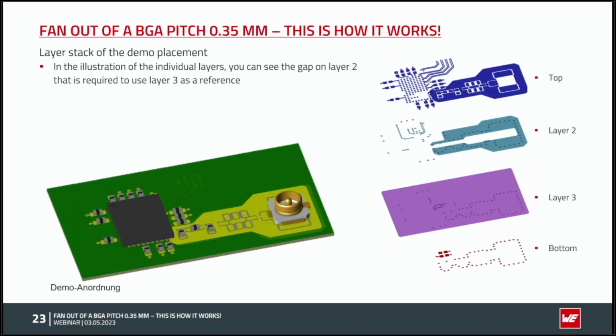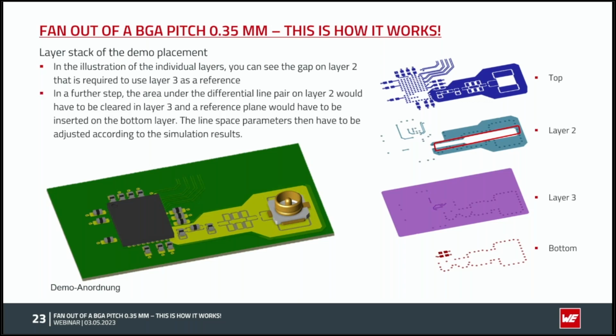Here you see the stack up, the single layers, on the right side of that board, and you can see the gap, the cutout on layer 2. That is to have that distance to the reference layer, which should not be influenced by layer 2, and the reference layer in this construction is layer 3. And as I told you before, you have two possibilities.